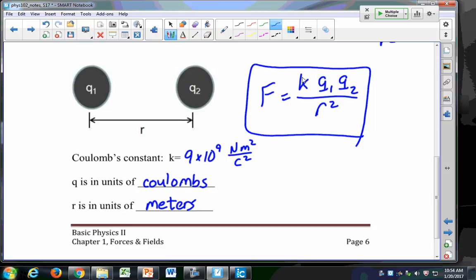Okay, so here, Q1 is the charge here, Q2 is the charge here. They can be different or the same charges, it doesn't really matter. The distance r is just the distance between them. So that's this value here. This gives the magnitude of the force.